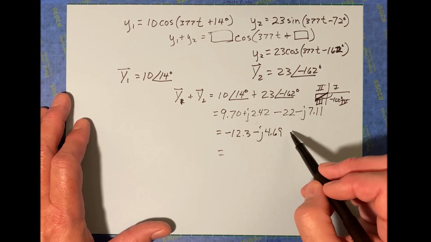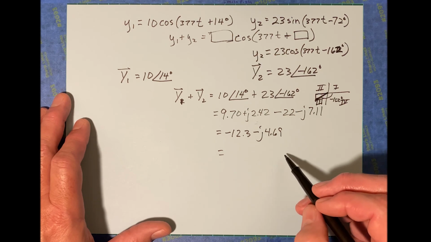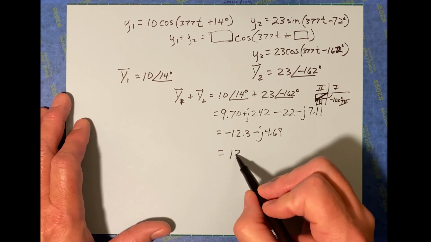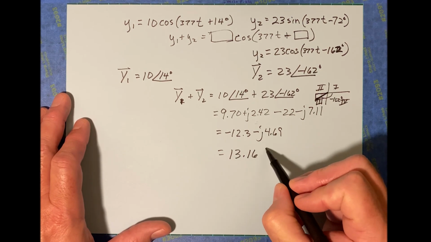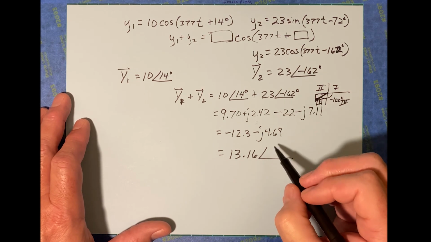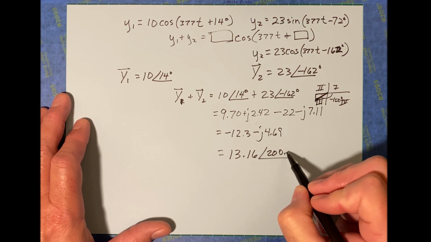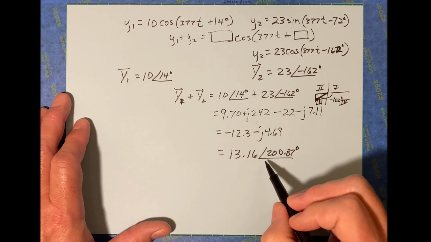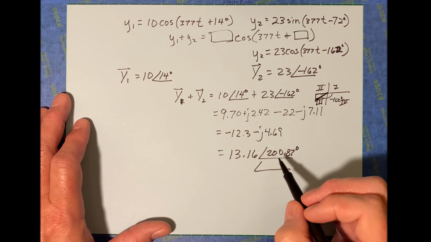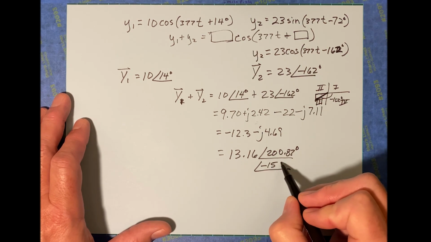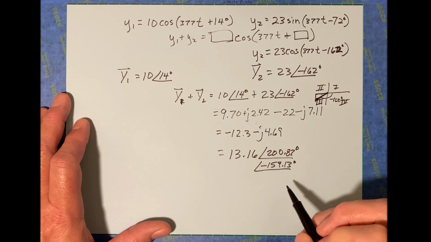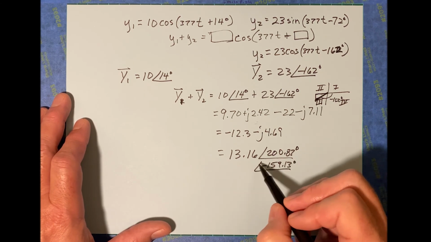Once again, convert from rectangular into polar form, and you end up with 13.16 angle 200.87 degrees. This angle could also have been expressed as minus 159.13 degrees, or something close.